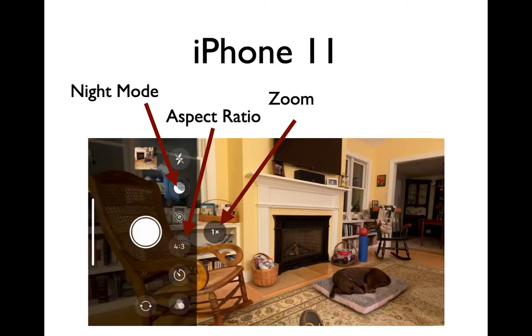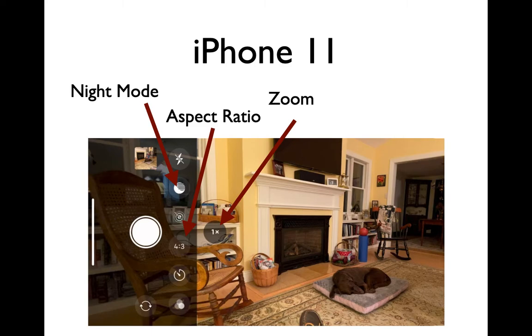Now, if you have an iPhone 11, you're going to have a few extra icons that other people don't, and they are for night mode. Night mode allows you to lighten up a picture that is very dark if you're taking it at dusk or even in a dark room like this particular image.